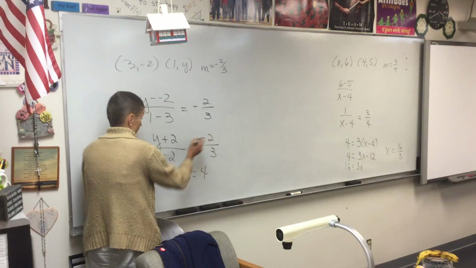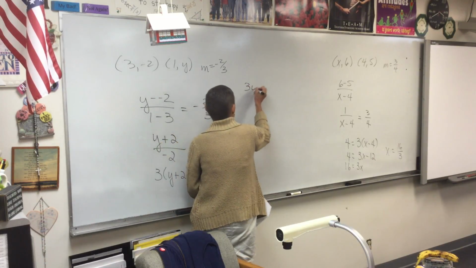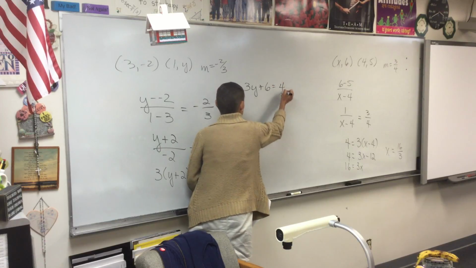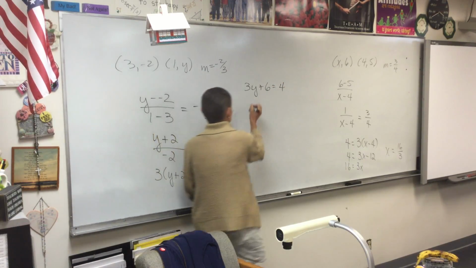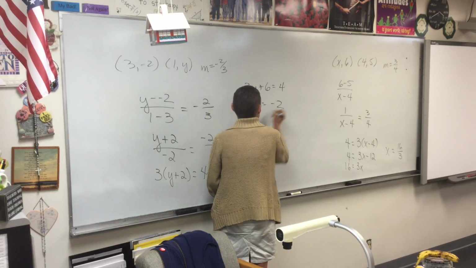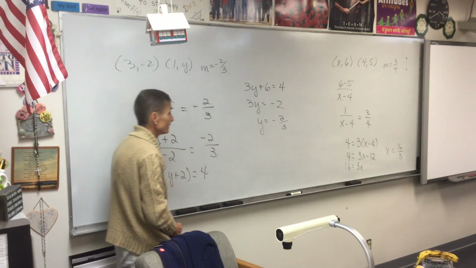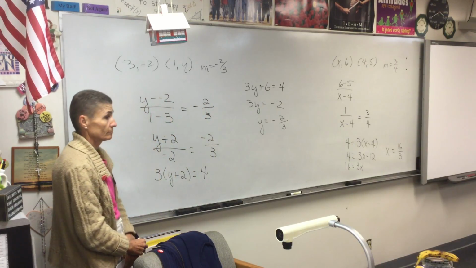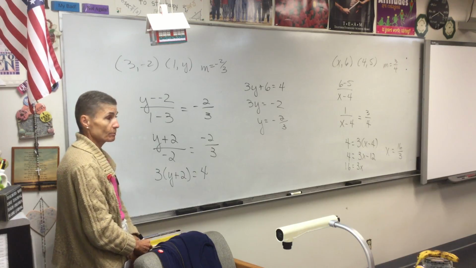My bad. 3y plus 6 equals -4. Subtract 6. And y equals -10/3. Remember, fractions are okay. Nothing wrong with fractions or negatives. We're just going to talk about points.